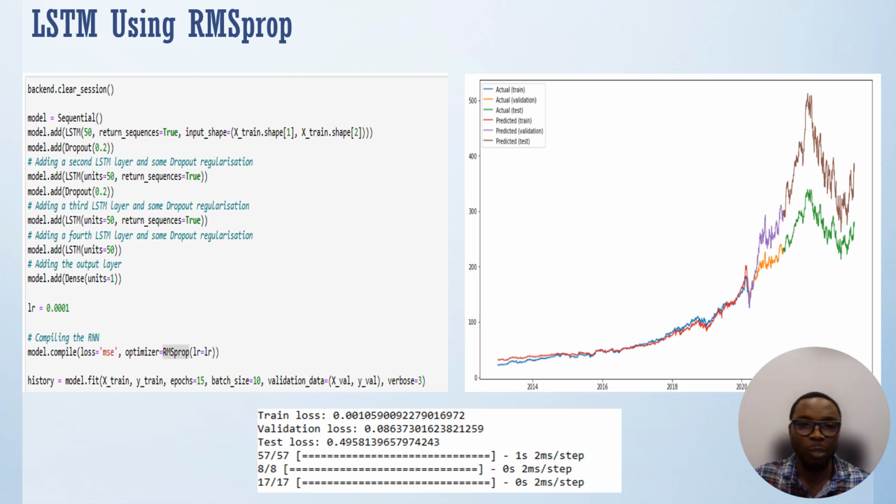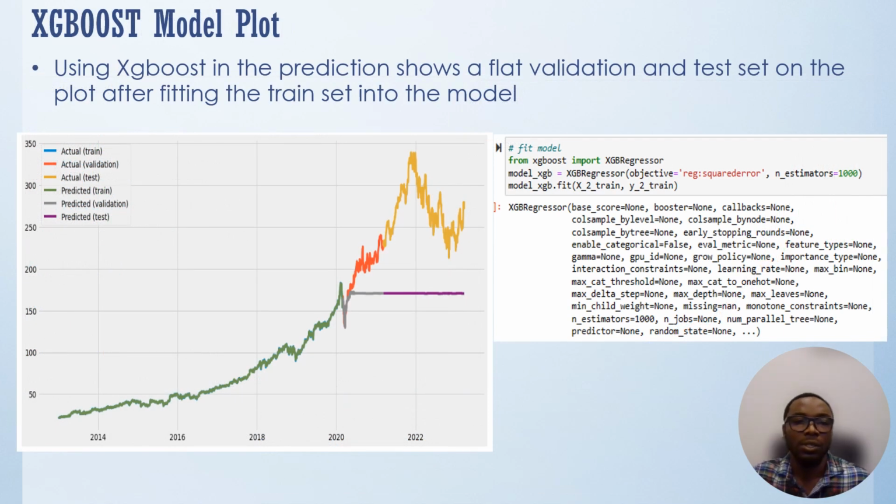We see the difference, and also looking at the losses, the test loss is a little bit higher than the previous one, but still low though. So from what we've seen above, the Adam is going to be the best one to use, with about 3 dropouts and some layers added to the model.